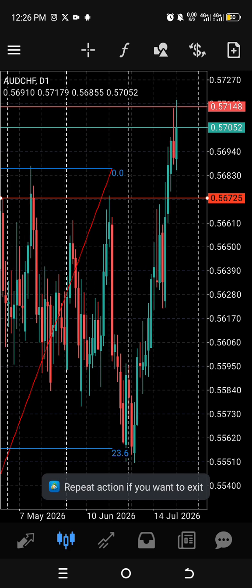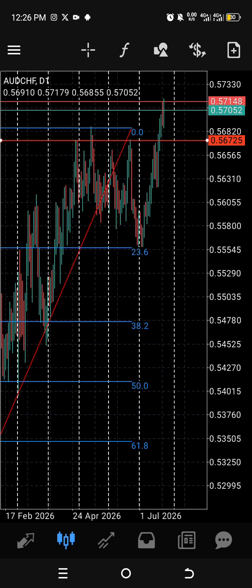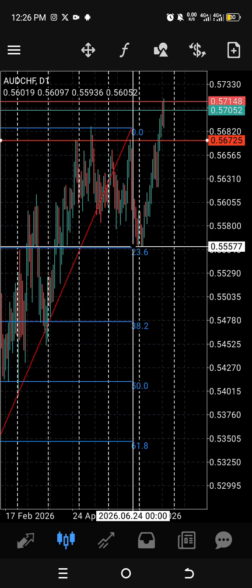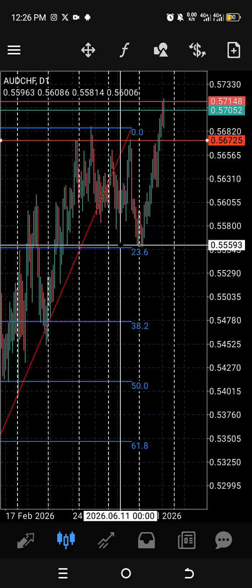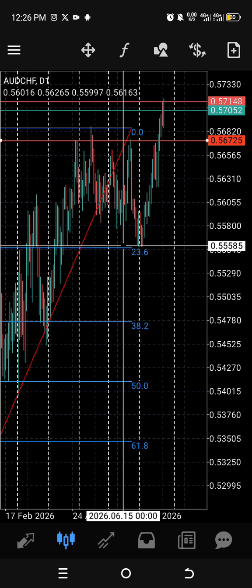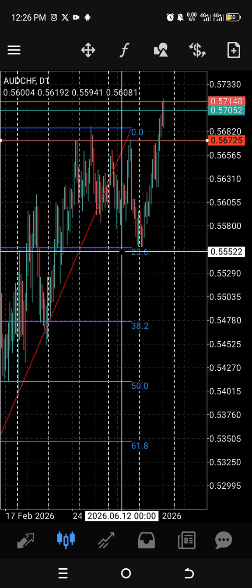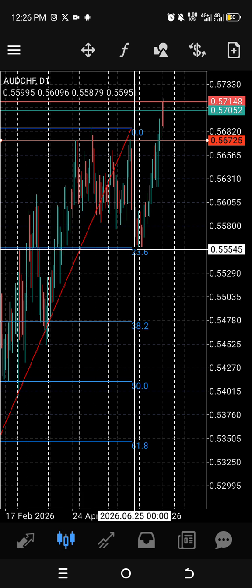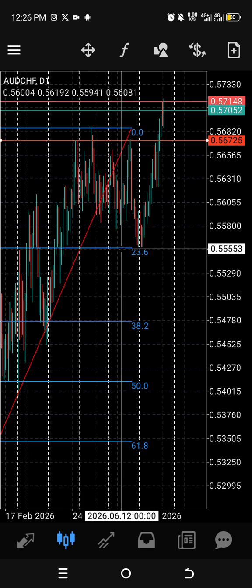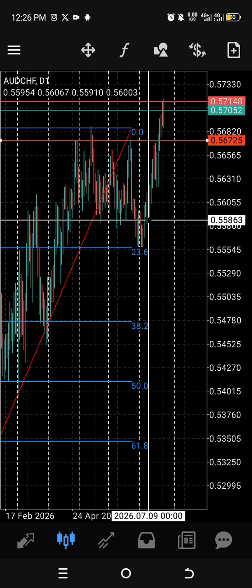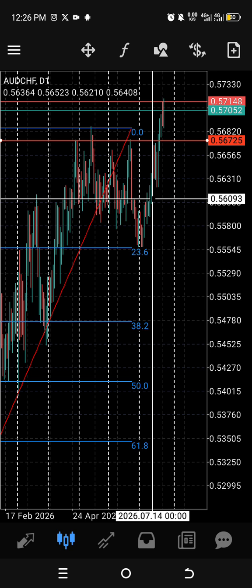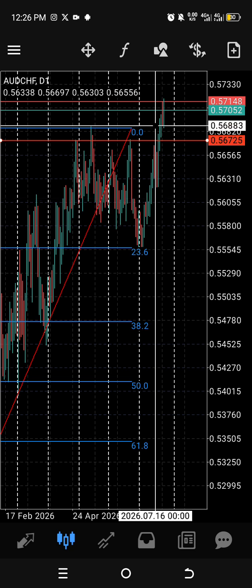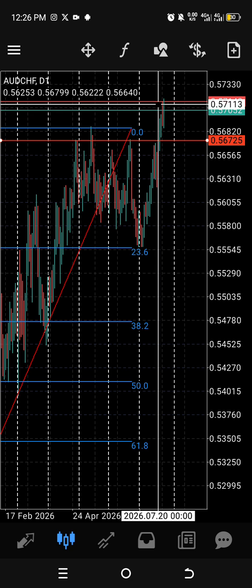You see it, this is the level where the market bounced. When the market bounces on any of the Fibonacci levels, you initiate a buy. Your stop loss will be a few pips below the low, and look at what happened. Boom, we ride it up, even break the previous resistance, and it's still shooting up.